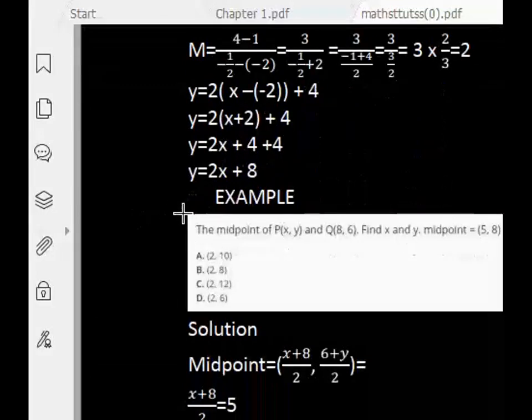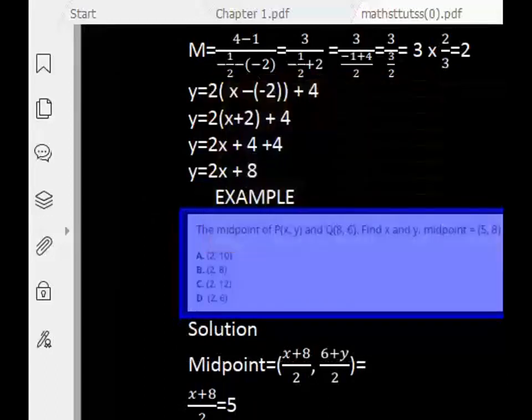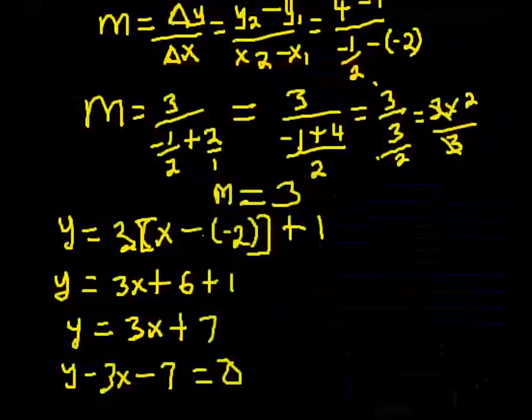Here's another question that we need to work on.